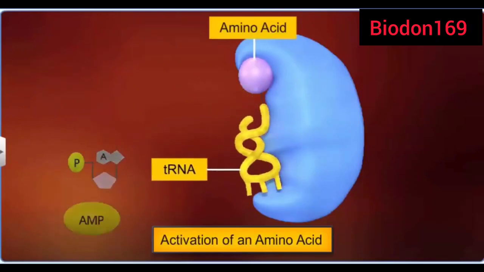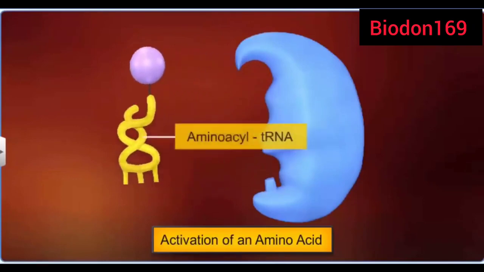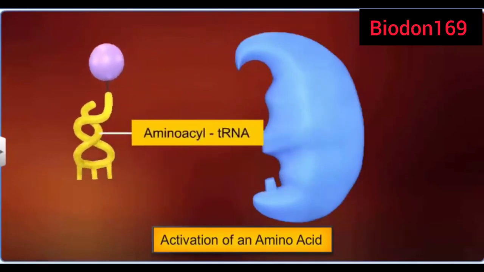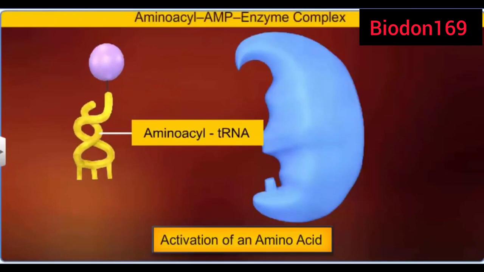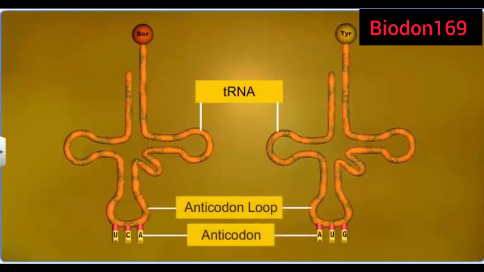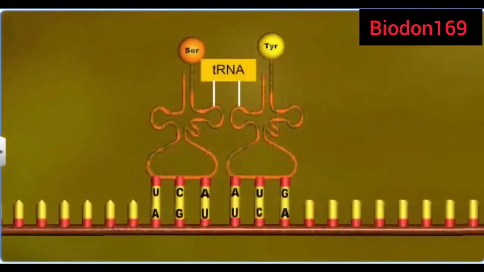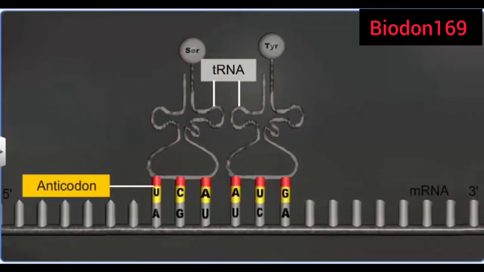As a result, tRNA becomes activated as aminoacyl tRNA, and the enzyme and AMP are liberated. The tRNA has an anticodon loop, which determines the amino acid that will link to it. This anticodon of tRNA is complementary to the codon sequence on the mRNA and will only bind to that codon.